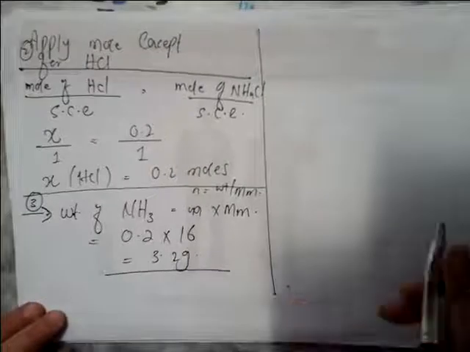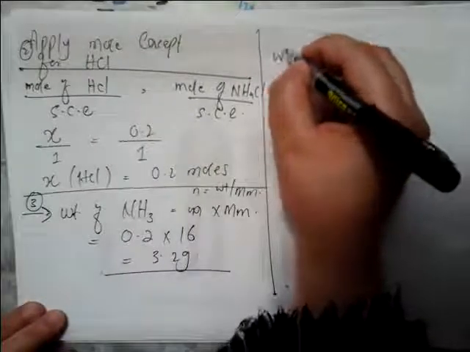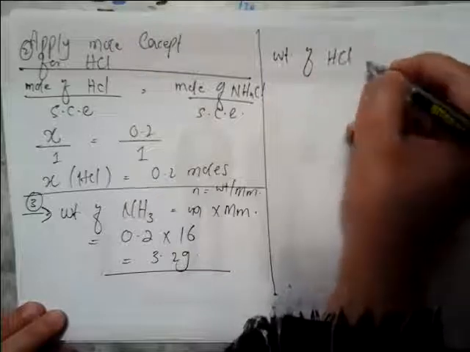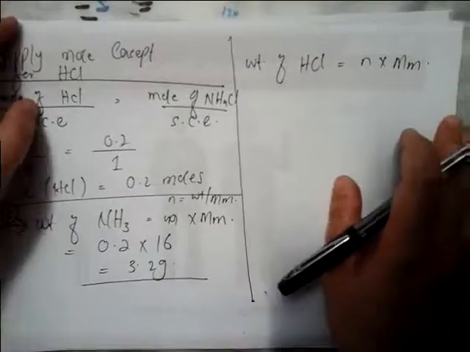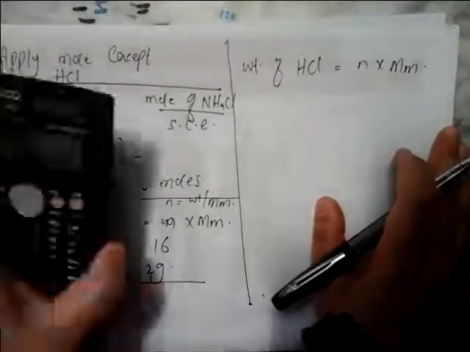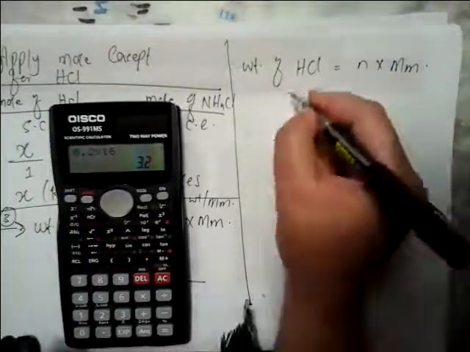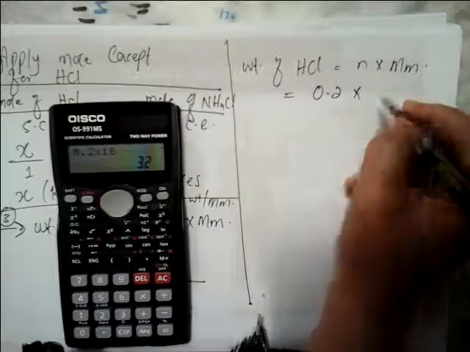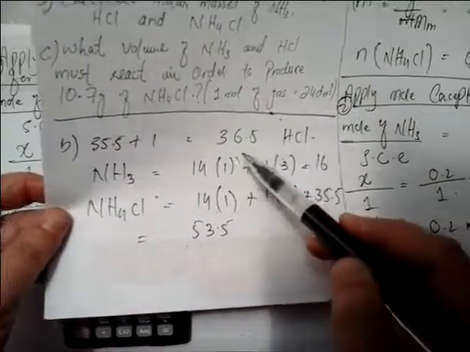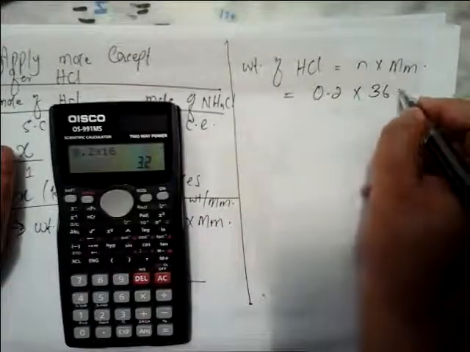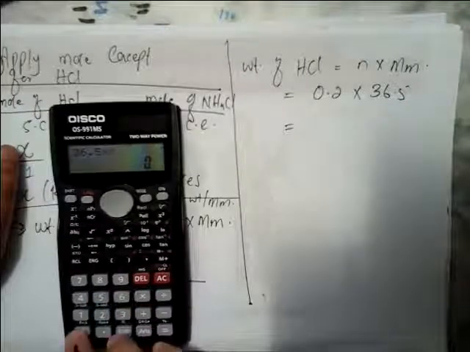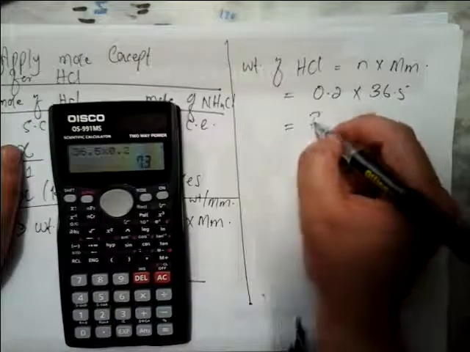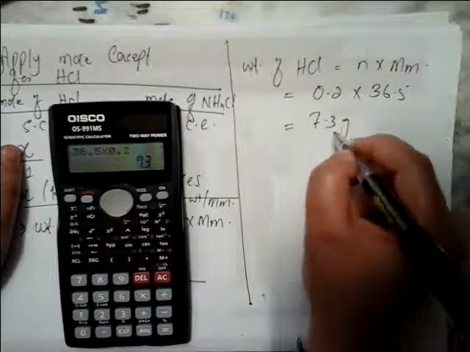Okay. In the same way, we can also find the weight of HCl by multiplying its moles with molar mass. Okay. So moles of HCl was also 0.2, and its molar mass, as we have calculated in part B of this question, was 36.5. So 36.5 will get multiplied with 0.2, that is 7.3 gram.